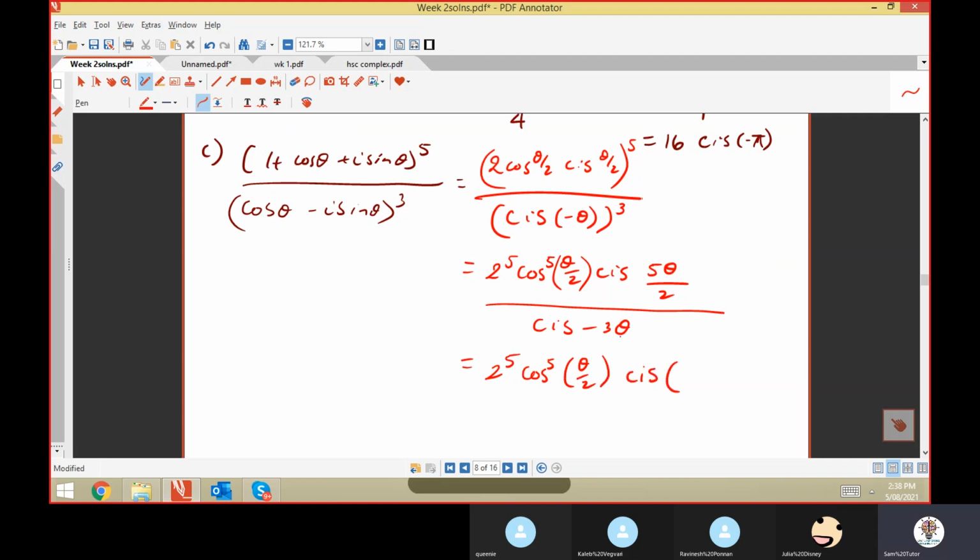So 5 theta on 2 plus 3 theta, which is 11 theta on 2. So the answer is 2 to the 5 cos to the 5 theta on 2, cis 11 theta on 2.